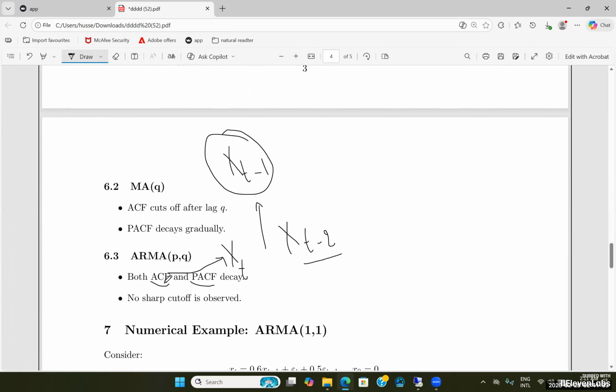So, if we observe that the ACF shows a significant correlation, but the PACF does not show a significant correlation for any particular lag, this indicates that the observed correlation in the ACF is likely due to indirect effects. And let's say, in this case, the PACF for xt minus 2 is not significant, but the ACF definitely is. This clearly indicates that the xt minus 1 value is the primary influencing factor here.